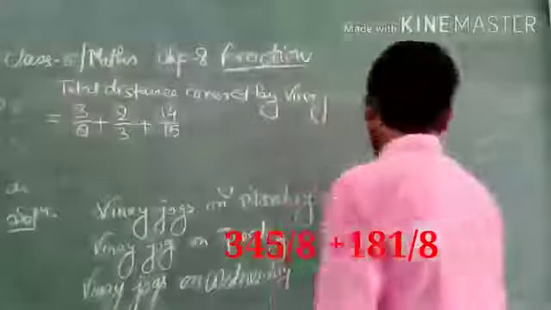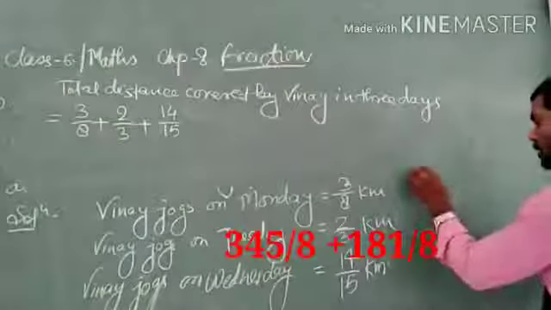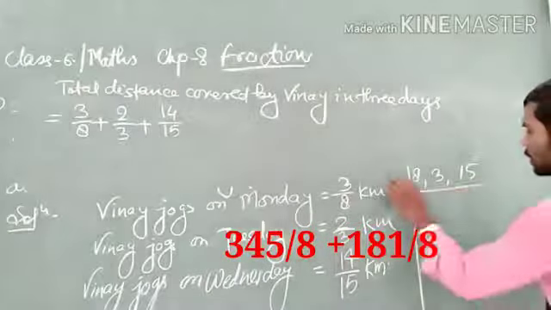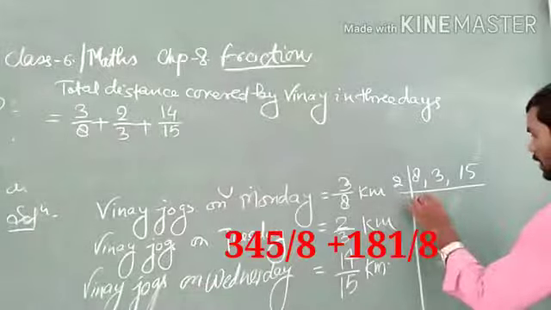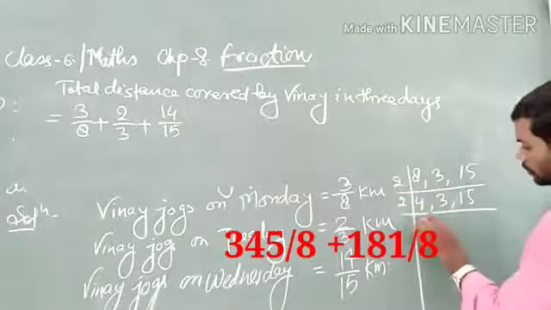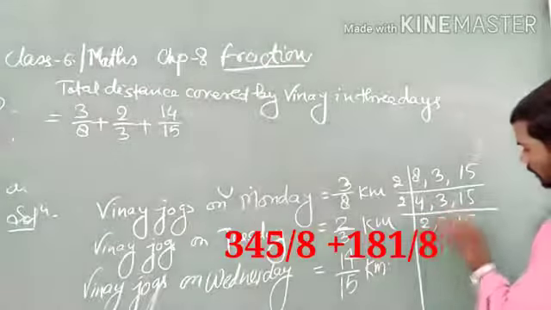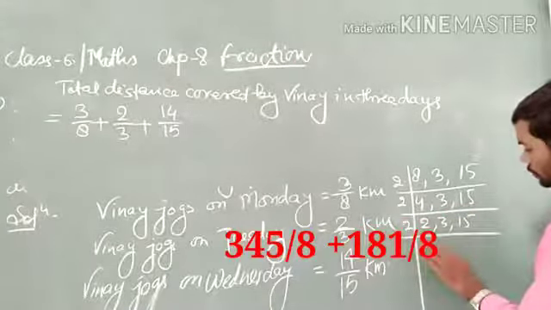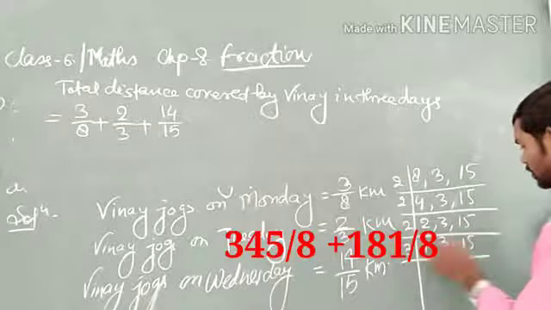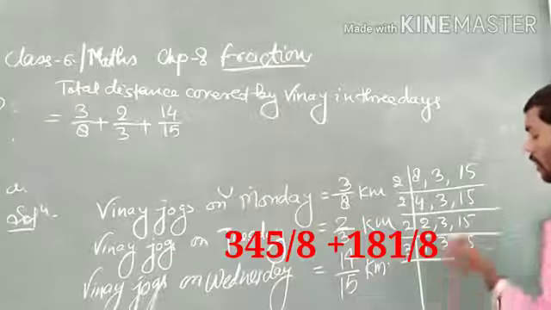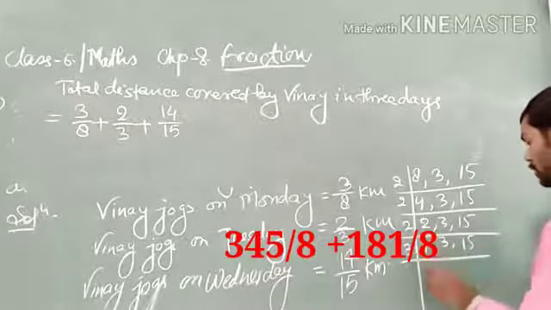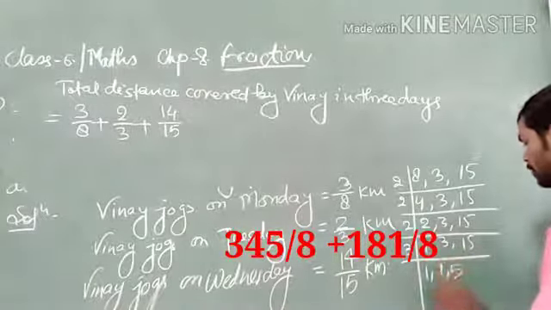So here we write 8, 3 and 15, and divide by 2 first. 2 fours are 8, and we write 3 and 15 as it is. Again by 2, 2 twos are 4, 3 and 15. Again 2, 2 ones are 2, 3 and 15. Now divide by 3 because there is no number divisible by 2. 3 ones are 3 and 3 fives are 15.